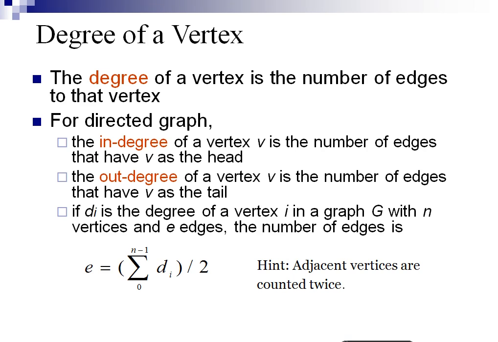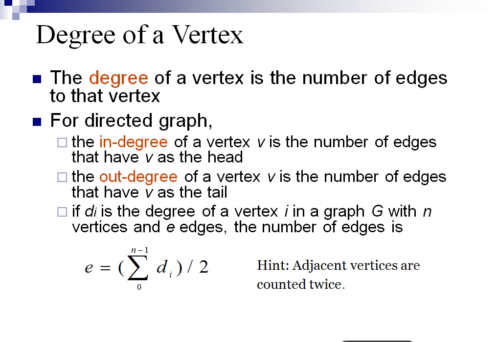Now in case of a directed graph, the in-degree of a vertex V is the number of edges that have V as the head. It means that whatever vertex you are considering here, you need to calculate the number of edges that are heading towards this particular vertex V. This will give you the in-degree of that vertex.